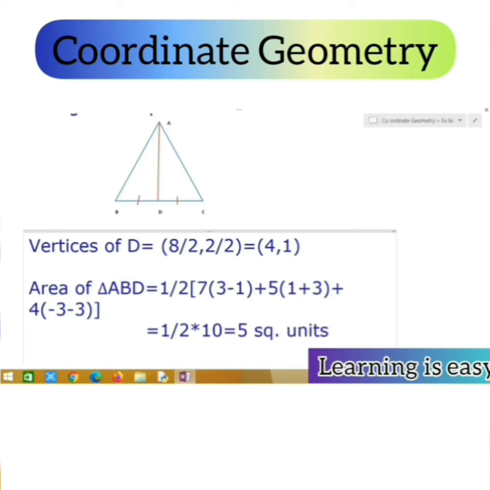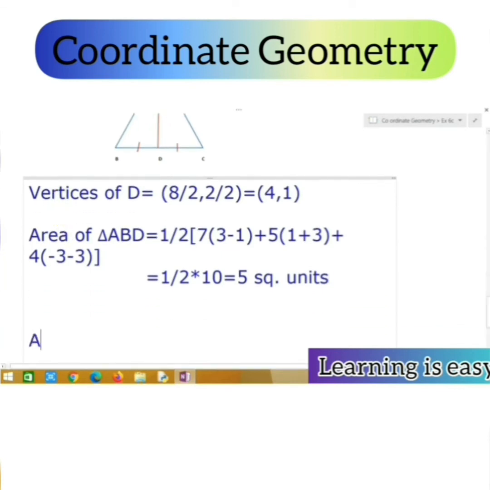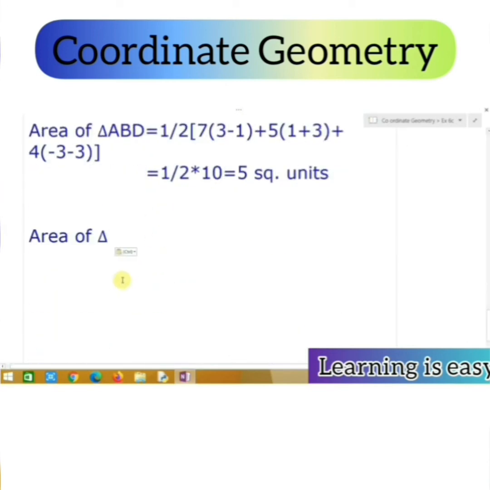If the area of the other triangle ADC is the same, then that proves it. So the area of triangle ADC, by taking the respective coordinates, is half into 7 into minus 1, plus 3 into 1 plus 3, plus 4 into minus 3 minus of minus 1, that's plus 1.